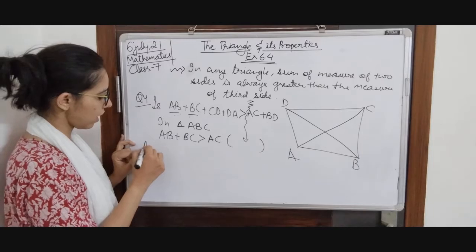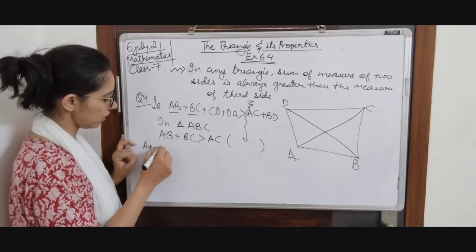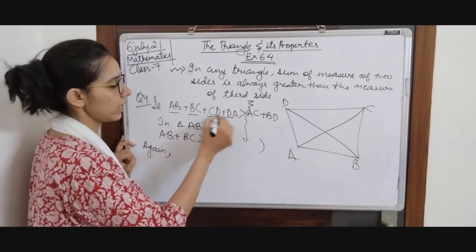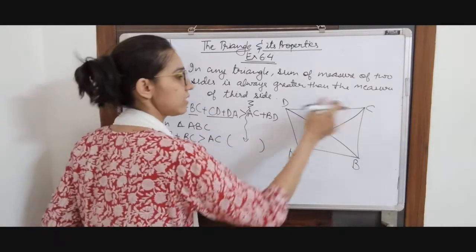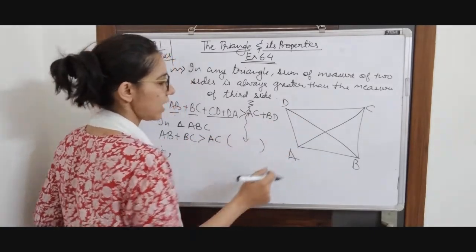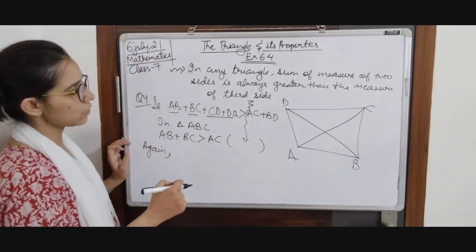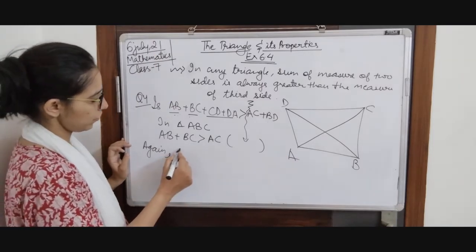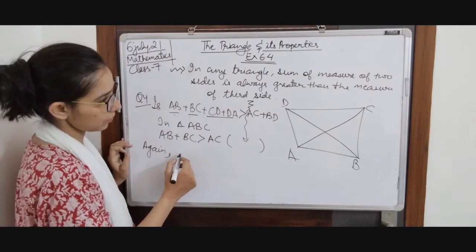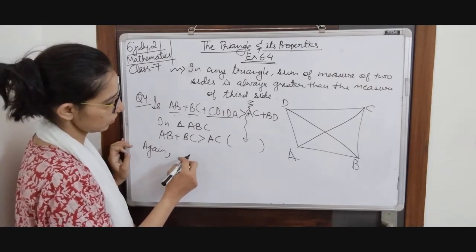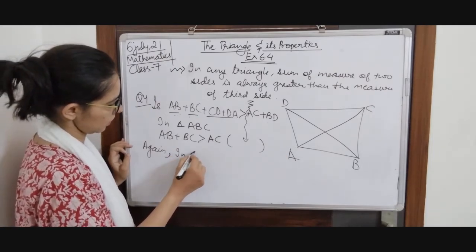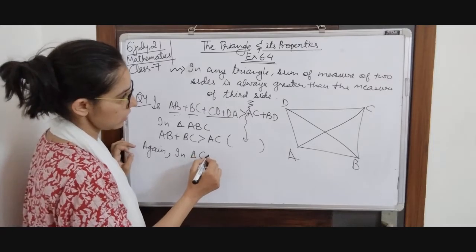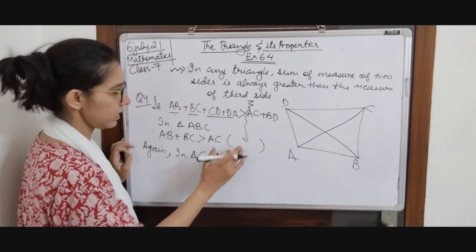So again we have to take which triangle? We have to take the triangle in which we have CD and DA. CD and DA are sides of triangle CDA, okay, in triangle CDA.